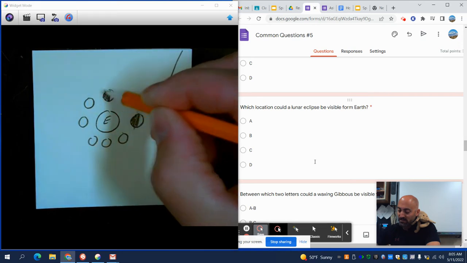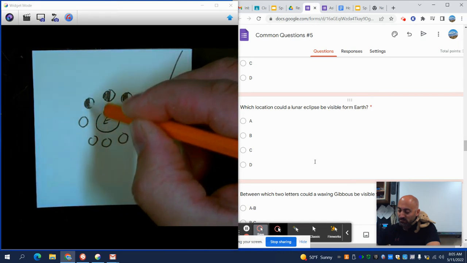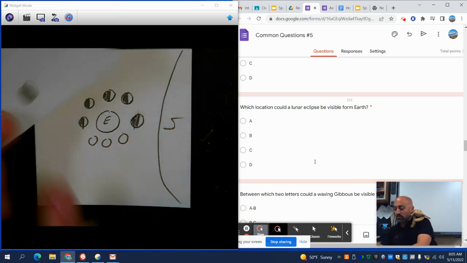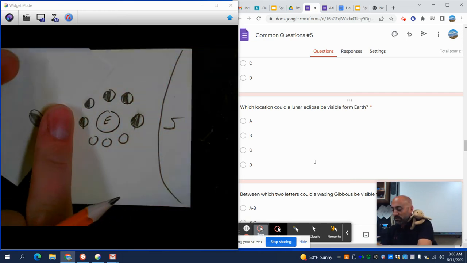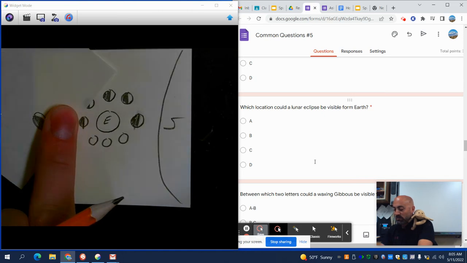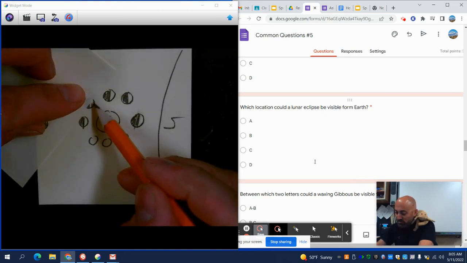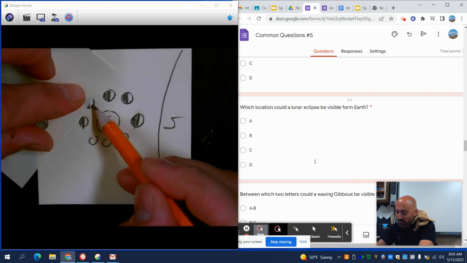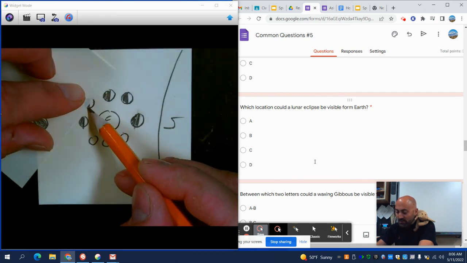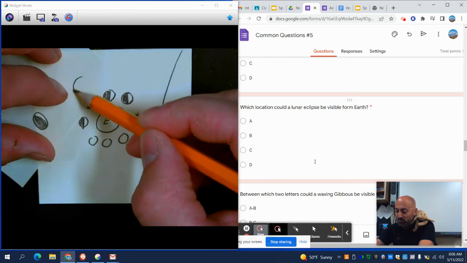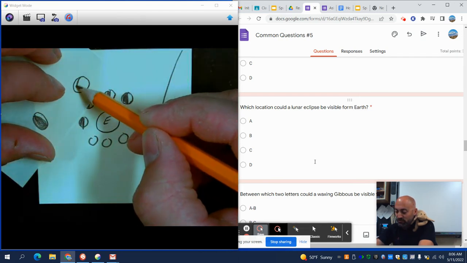The side not facing the sun is always the dark side. So I'm covering up the far side of the moon. I can only see the half of the moon that's closest to me. Do you see how on the right there's a lot of light, and on the left there's a little sliver of darkness? From Earth, on the left there's a sliver of darkness.